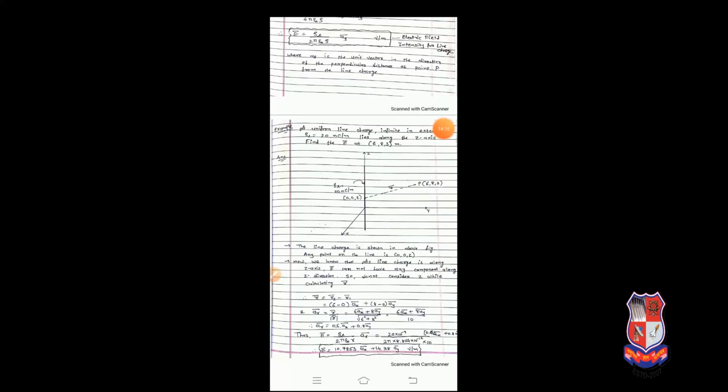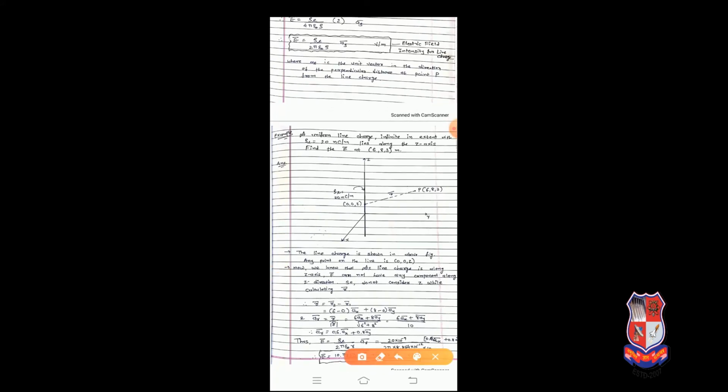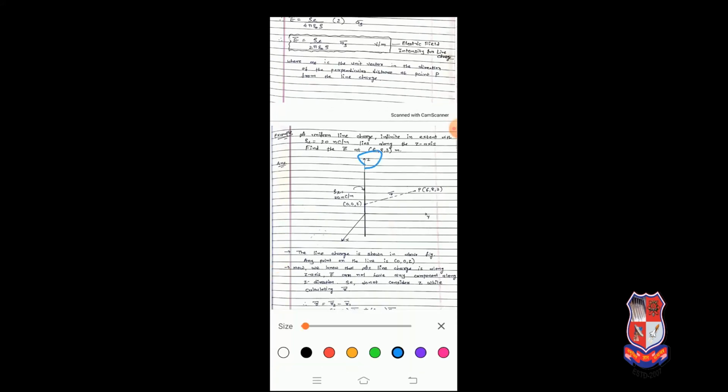So here in the figure we can see the three axes x, y and z. Our line charge is present on the z axis. Here we have given rho L is equal to 20 nanocoulomb on the z axis, so its coordinate is 0, 0, z and its intensity is 20 nanocoulomb per meter.